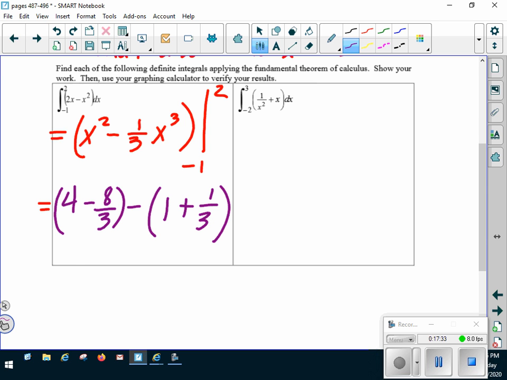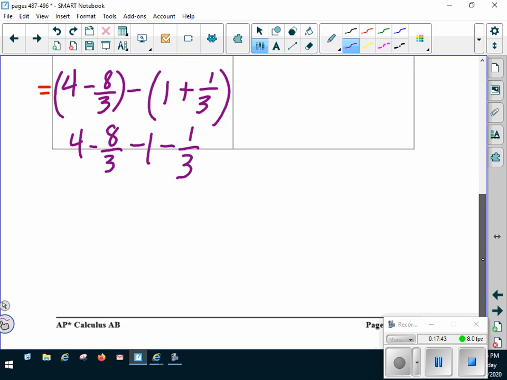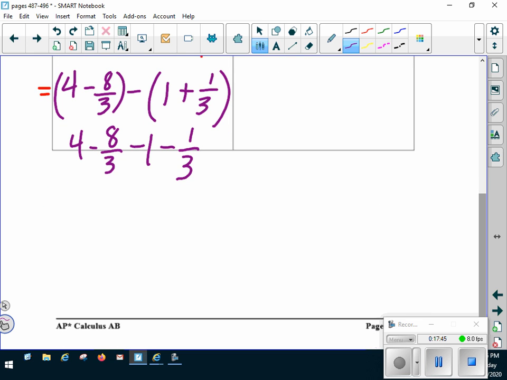What's that give me? 4 minus 8/3 minus 1 minus 1/3. What's that? 3 minus 9/3? Isn't that 9/3? Because aren't they both negative?